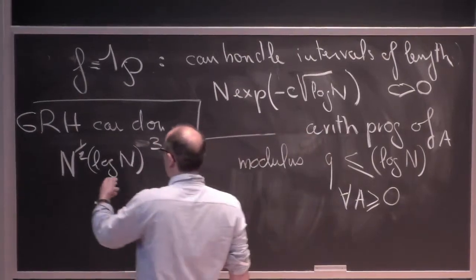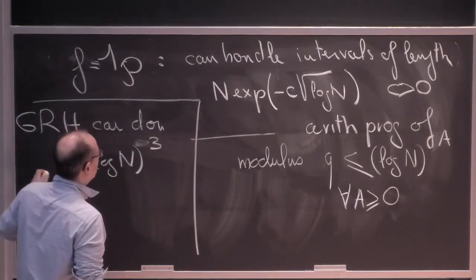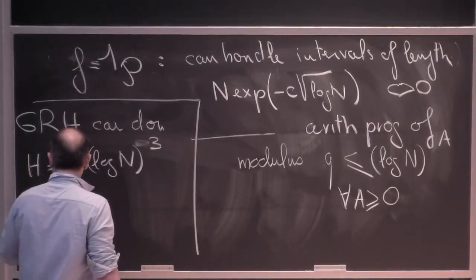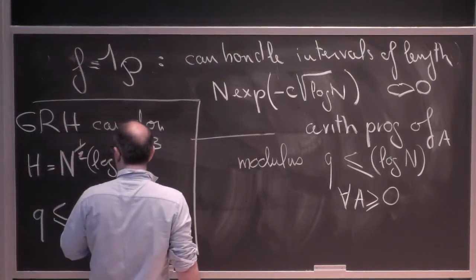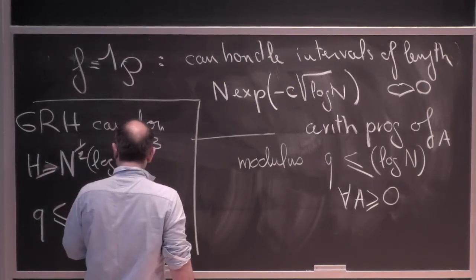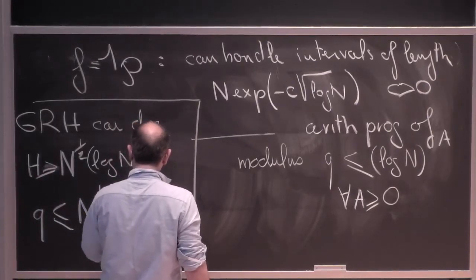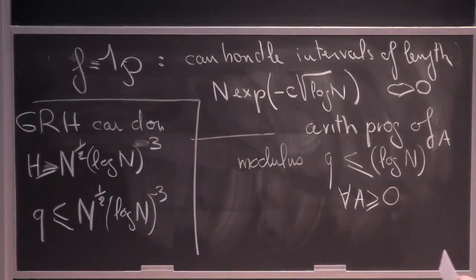And it can do an interval of that length for h, or it can do q less than n, again, n to the 1/2 times log n, maybe minus 3. So under this generalized Riemann hypothesis, you can do much further for this restricted problem over the primes.